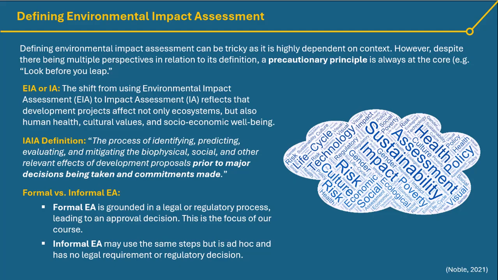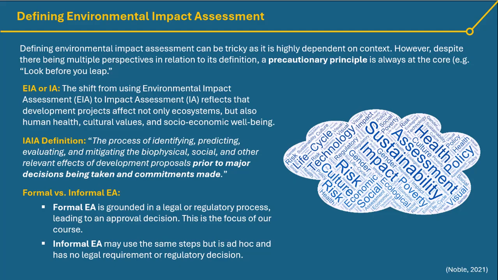Into broader socio-ecological systems. Now, the International Association for Impact Assessment, the IAIA, offers a pretty widely cited definition, which we'll be using for a good portion of this course, I would say. They define EIA as the process of identifying, predicting, evaluating, and mitigating the biophysical, social, and other relevant effects of development proposals prior to major decisions being taken and commitments made.